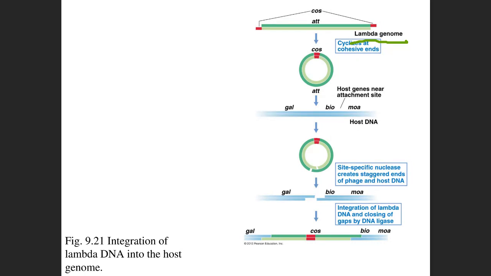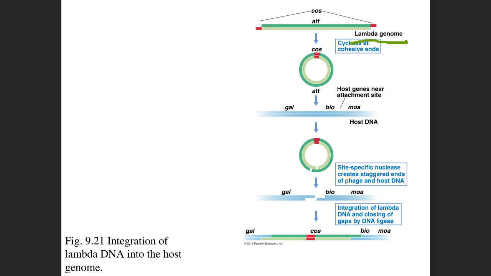And then it has this integration site, the attachment site, which has the corresponding site in the host chromosome. Okay, and then with one recombination event, the lambda gets integrated into the host.